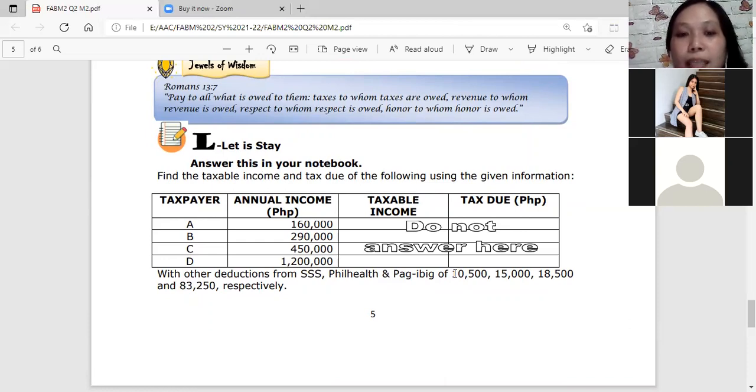So it means that each taxpayer has different deductions. You cannot have all of them as a deduction to every taxpayer. Taxpayer A gets to have one deduction only, and that's 10,500. Ang kaning 15,000 will be for the next taxpayer.